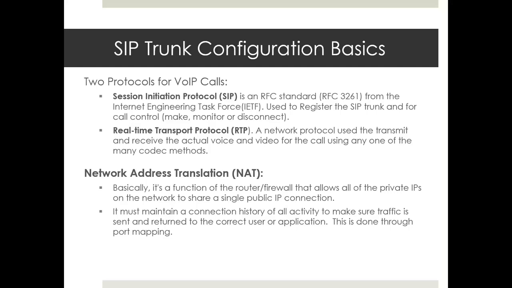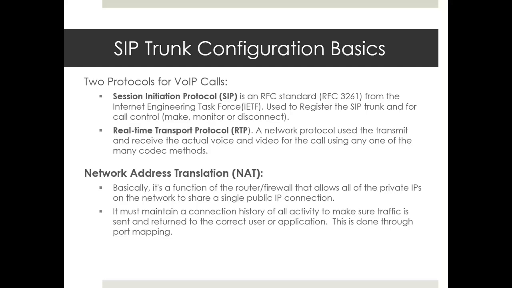Another thing that we're going to learn about today is network address translation, or NATing. This is basically a function of the router or firewall. It allows all the private IPs on your network to share just a single public IP connection. So it's the job of the firewall and the router to manage all those connections.